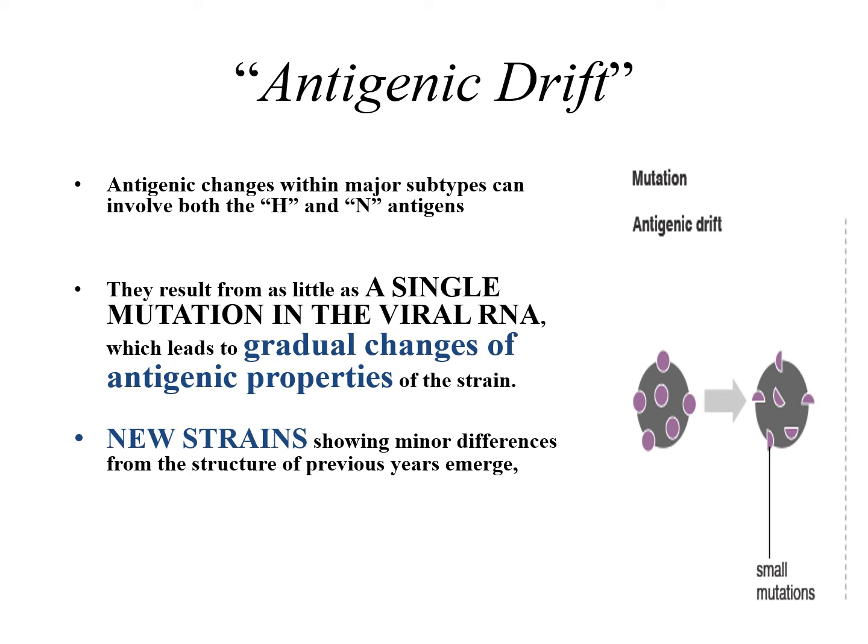With antigenic drift, every 3 to 5 years, there is, let's say, a slightly higher level of change which might occur.